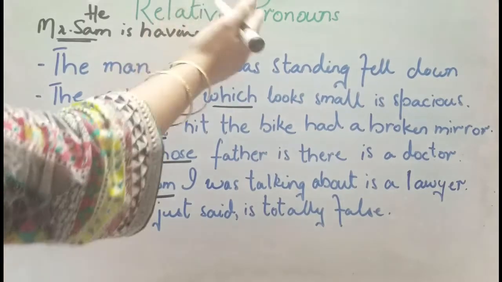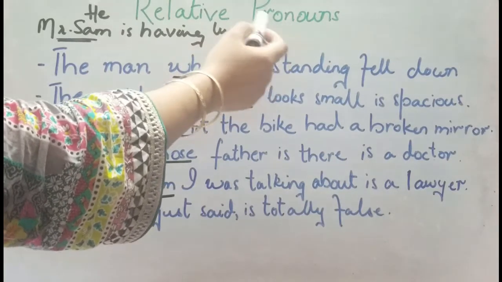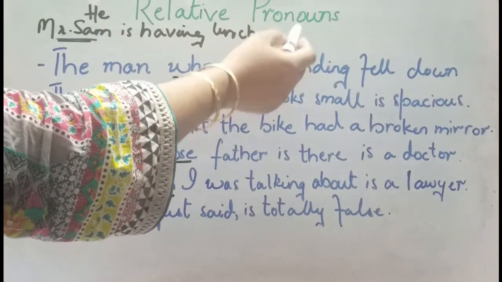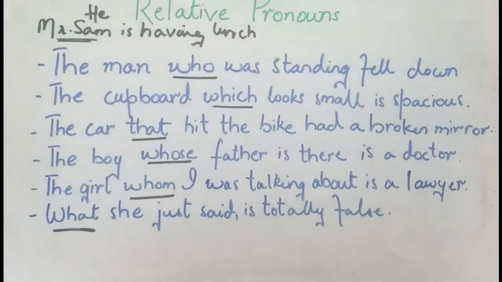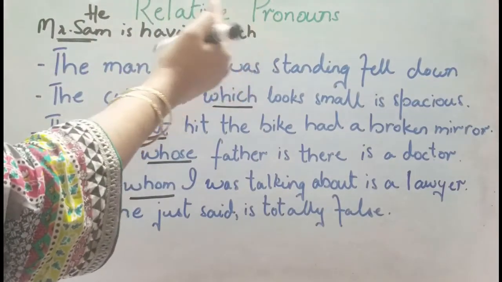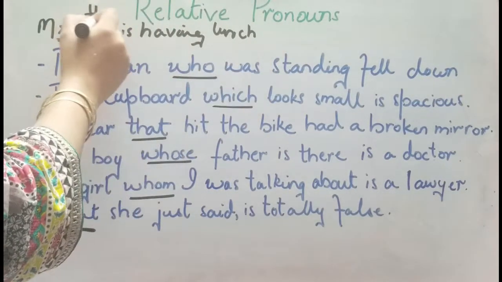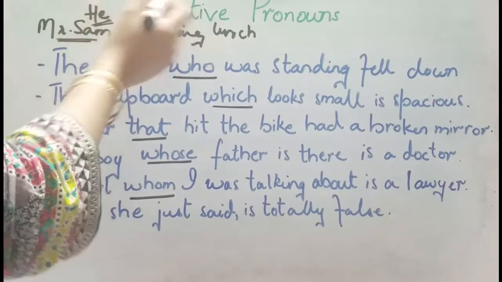If I had added over here Mr. Sam is having lunch, Mr. Sam is going to the washroom, Mr. Sam is planning to do work. So instead of repeatedly naming him or saying his name in my whole sentence, I'm going to replace Mr. Sam with my pronoun, that is he.